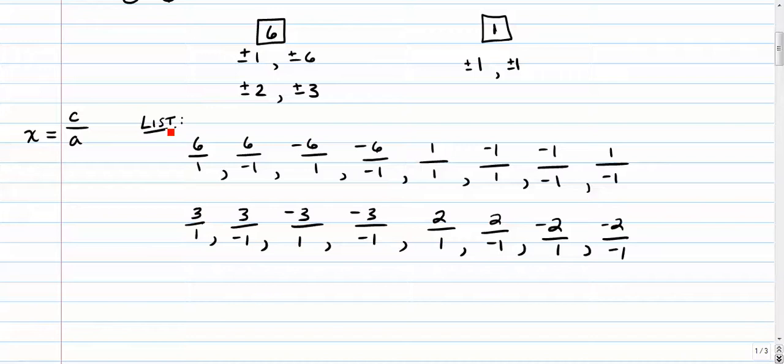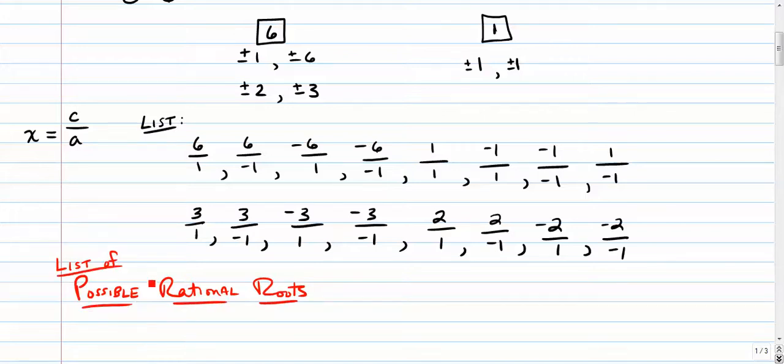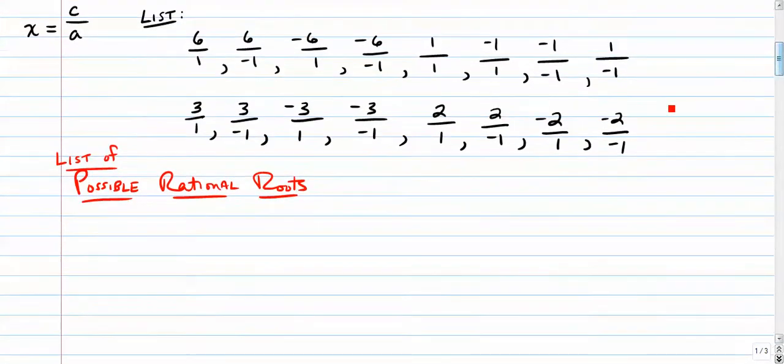So here's our list of possible rational roots. And of course, when we say rational, we're talking about something that is a fraction, and that includes integers. We can always write an integer as a fraction, something over 1.